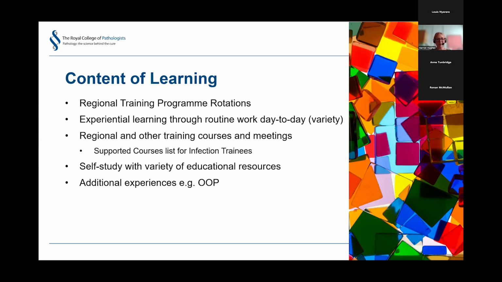Your experiential learning will be from a number of different areas, depending on what post you're in. So it may be an on-site laboratory, it may be an off-site laboratory, and you get used to working with both those environments.